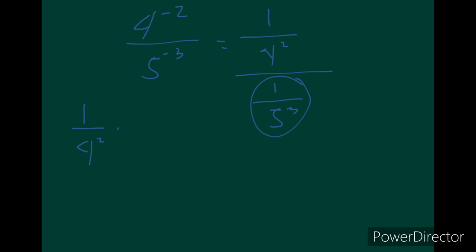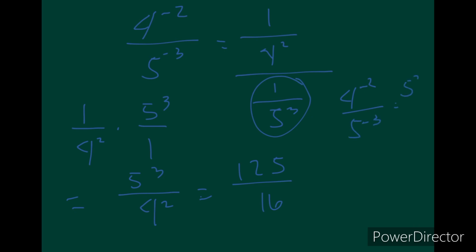So the reciprocal of 1 over 5 cubed is 5 cubed over 1. So we have 5 cubed times 1 is 5 cubed, then 4 squared times 1 is 4 squared. So we have 125 over 16. Take note that 4 raised to negative 2 over 5 raised to negative 3 is equal to 5 cubed over 4 squared. You just simply get the reciprocal of it.